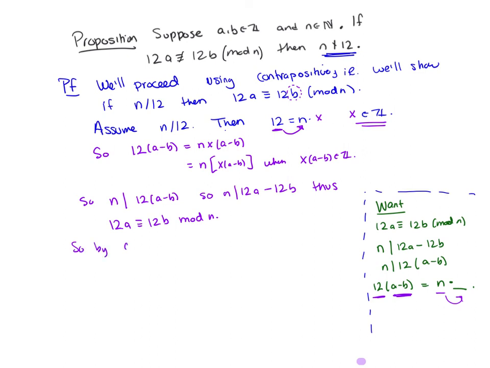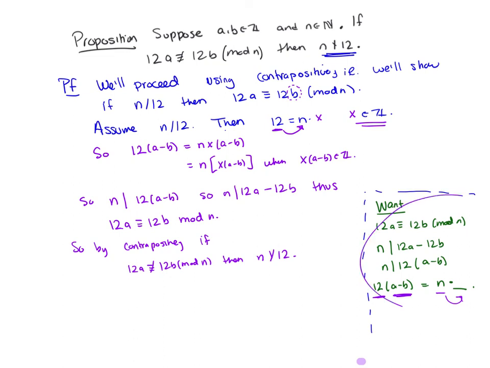So by that contrapositive, we can conclude that if 12a is not congruent to 12b mod n, then n does not divide 12, which is what we wanted to show.